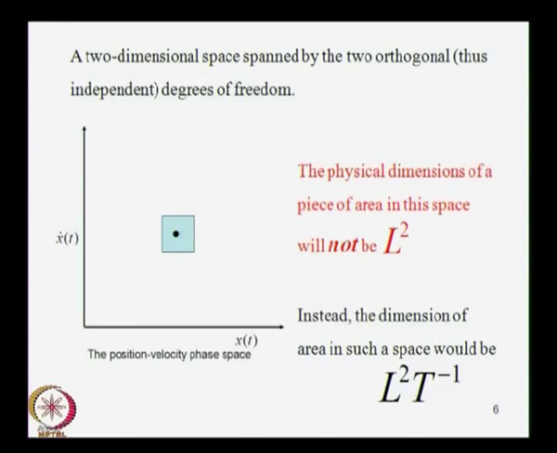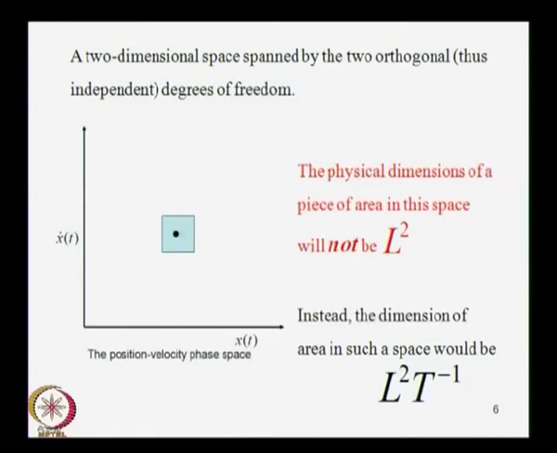Now, this is what the area will look like, and the physical state of a system will then be characterized by position and velocity. So, you specify the position and the velocity, and you get a point, and this is what is called a position velocity phase space, sometimes only a phase space, but more completely position velocity phase space.